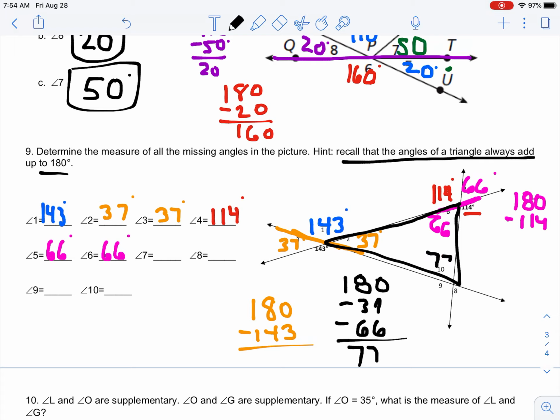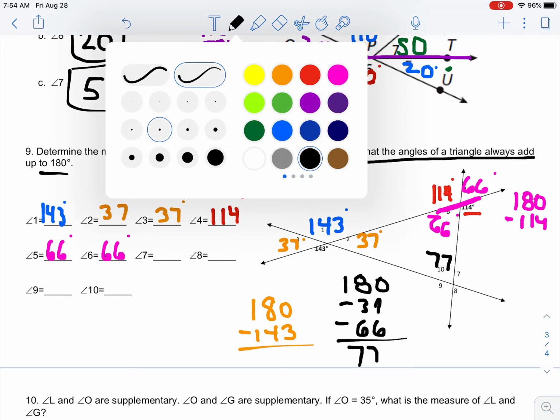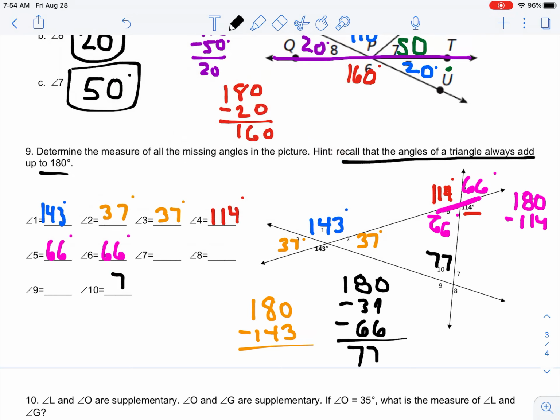So that means angle 10 is 77. All right. Well, if angle 10 is 77, that means angle 8 has to be 77 because they're vertical.